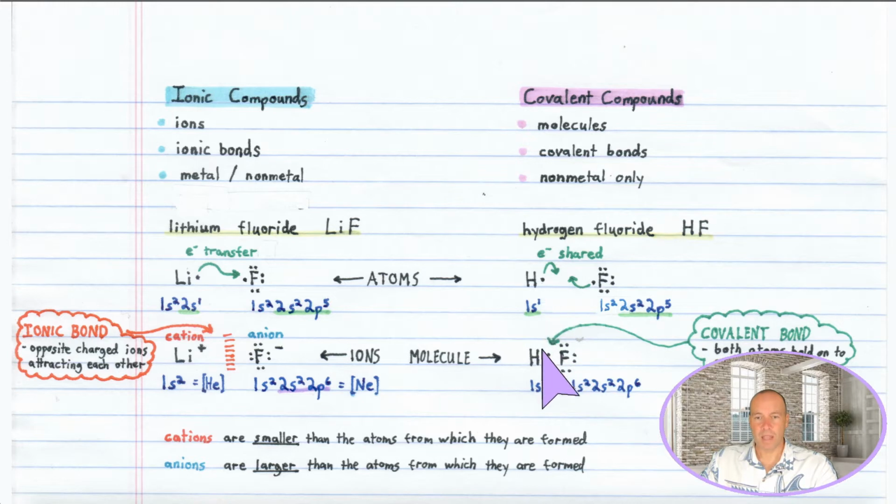And that's what a covalent bond is. You see, after the electron pair is being shared, hydrogen is holding on to that pair and fluorine is also holding on to that pair. So if they're both hanging on to the same pair, then those atoms are now linked. So both atoms hold on to the same electron pair.